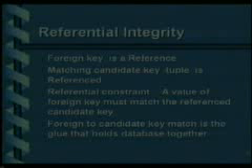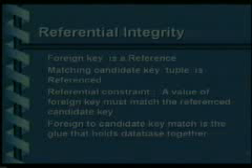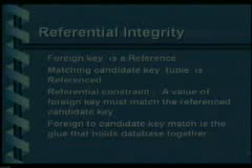If there is no match, there is a problem, there is a referential constraint violation. Foreign to candidate key match is the glue that holds the database together. Once again, if I give TLC code 999, the glue has gone. We have no TLC. So that is the glue which is keeping all the tables together to a certain extent.